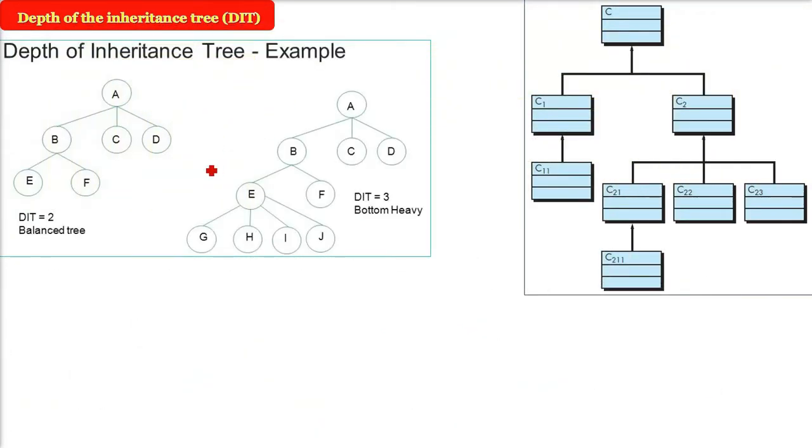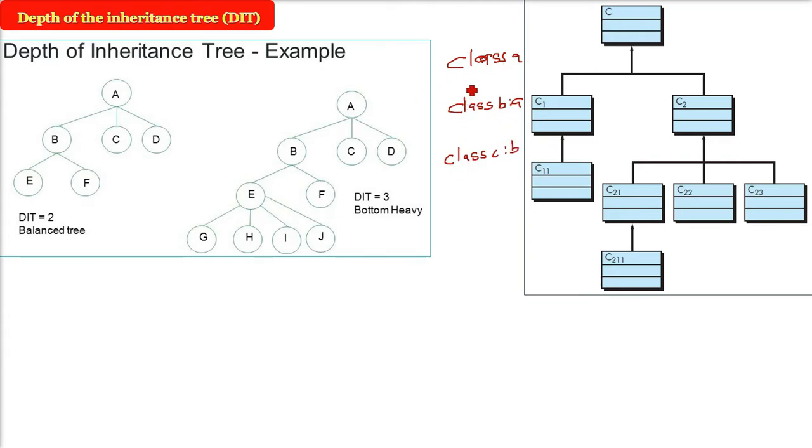In the CK suite, we have depth of inheritance tree, DIT. Inheritance means the properties of a class are inherited by another class. For example, you have the attributes and functions of class A, class B you have defined, class C you have defined, and you have inherited the classes which are above it.